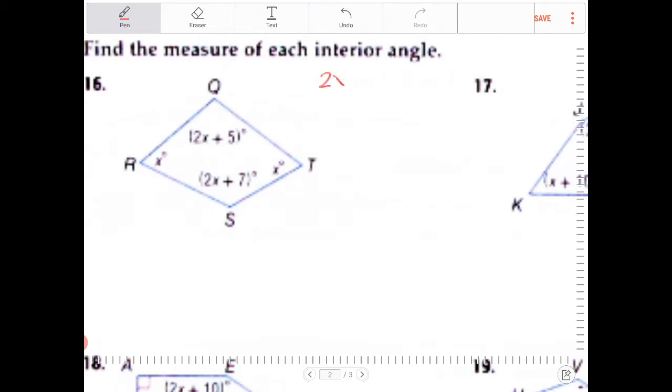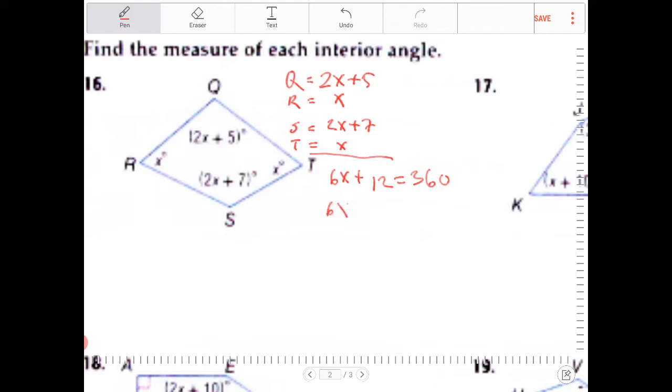So if I take 2x plus 5, which is Q, and I take R, which is x, and S, which is 2x plus 7, and T, which is just x again, I add them all up. I end up with 12, 2x, x, 2x, x. That adds up to 6x. And this equals 360.